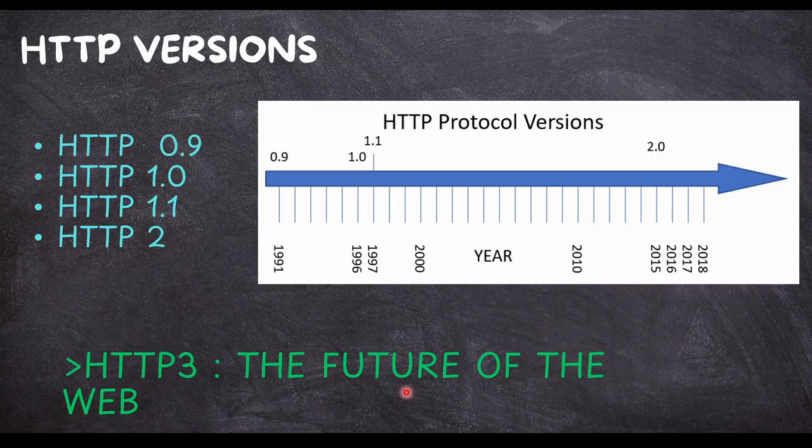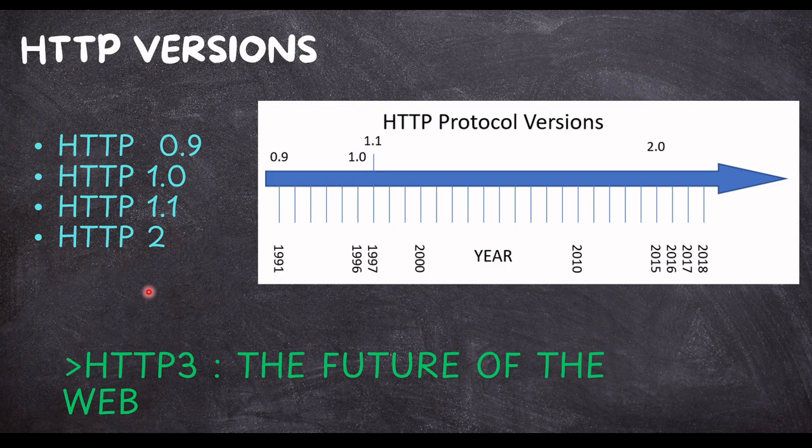Okay. So now, as I have told you, there is a thing called the evolution of this particular protocol, the hypertext transfer protocol. It started with HTTP 0.9, then came HTTP 1.0, then 1.1, and now the currently highly used one is HTTP 2.